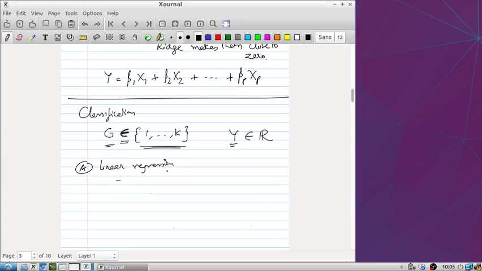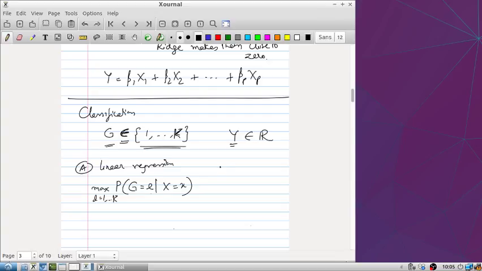If you remember the best classifier, the Bayes optimal classifier, just like for regression there was the expectation of y given x equal to x, the regression function, here the Bayes optimal classifier is the max over l equal to 1 to k of the probability that G is equal to l given X is equal to x. This is the definition of the Bayes classifier, right?